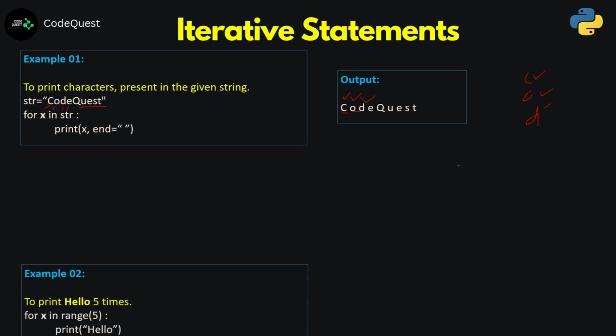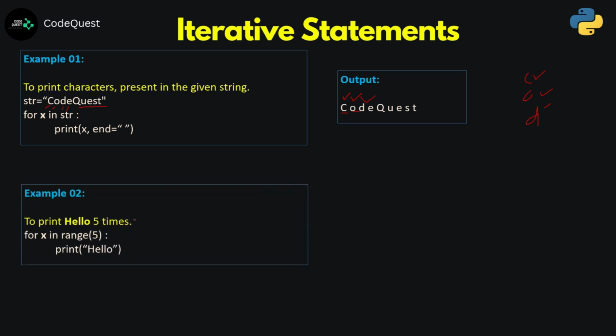Now let's say a very simple example. Suppose I want to print hello 5 times. Like in the previous lecture, the range function is a very popular one which we usually make use of inside loops. In the for loop, when I go through for x in range of 5, we know range of 5 produces the values starting from 0 and going up to 4.